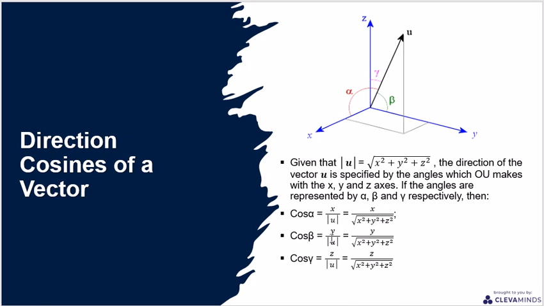Cos beta equals y over the magnitude of u. Then cos gamma equals z over the magnitude of u. Can you see that now? We are talking about the component over the magnitude of the vector.